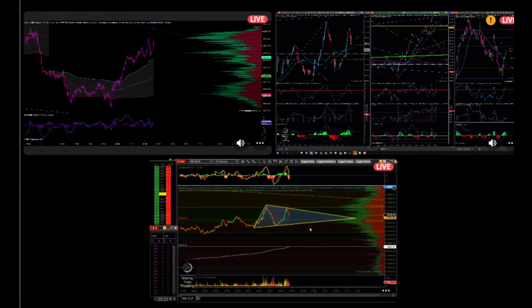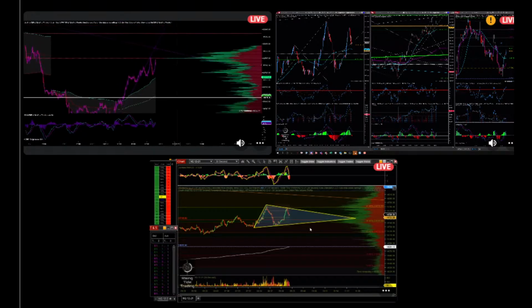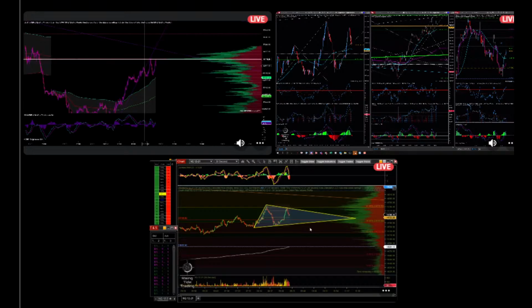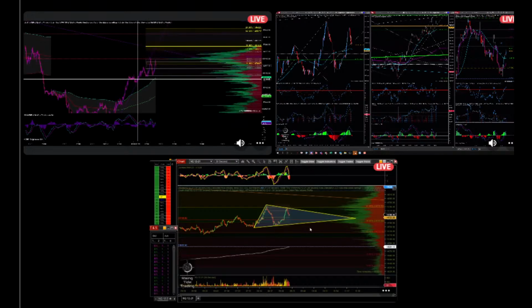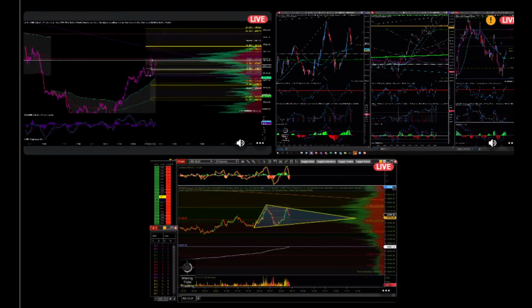But I think it would be a good idea to do so on sim, just so you can see how it is and how it works and how quick you need to think, how quick you need to enter. So I think it would be good practice instead of just waiting. Would be a good sim practice.